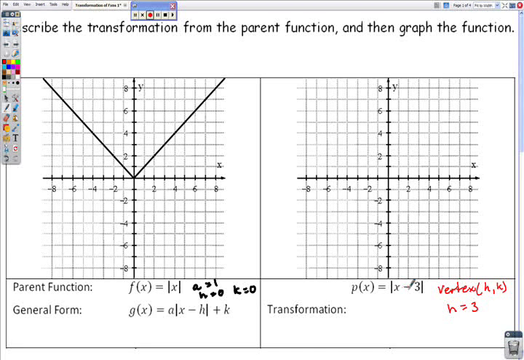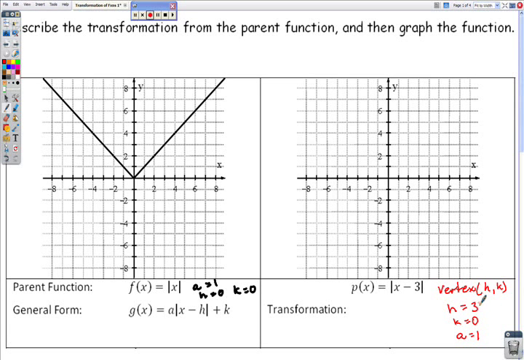Now don't be fooled by this minus sign here. You see there's a minus sign in the general form itself. So if you see an x minus h, then h is a positive value. Now there's nothing going on after the function is applied, the absolute value. So that means k is 0. And I don't see a number out front, but we know in multiplication, if we don't see a number, that number is 1.